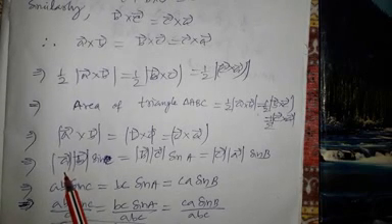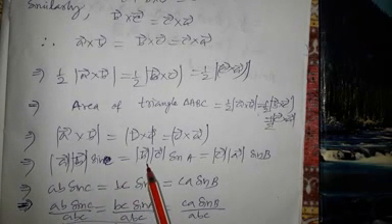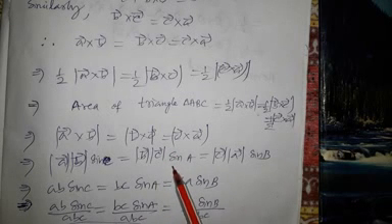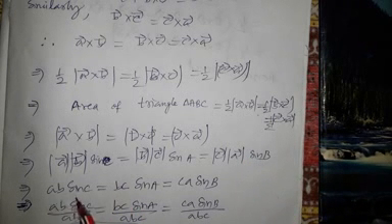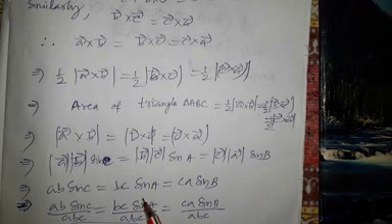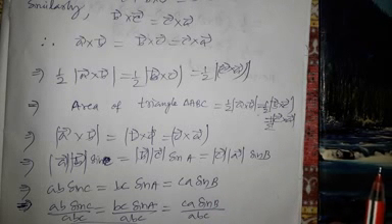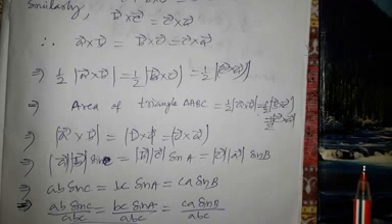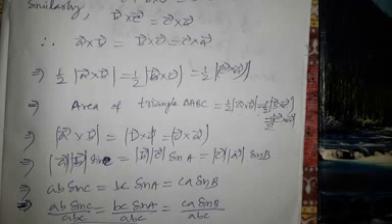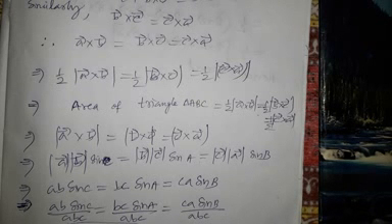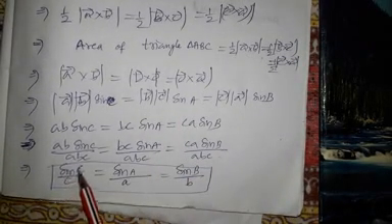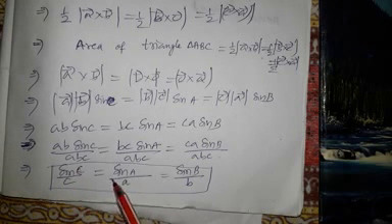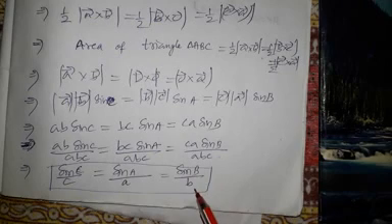Now the magnitude of A vector times the magnitude of B vector times sin C is equal to the magnitude of B vector times the magnitude of C vector times sin A is equal to the magnitude of C vector times the magnitude of A vector times sin B. Now abc sin C is equal to bc sin A is equal to ca sin B. Now after dividing abc on both sides, it gives sin C by small c, sin A by small a, sin B by small b.